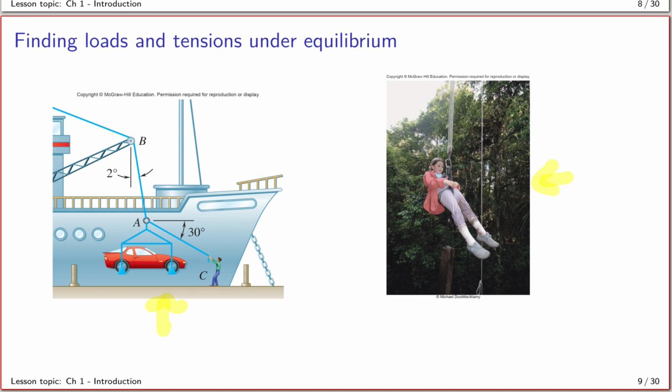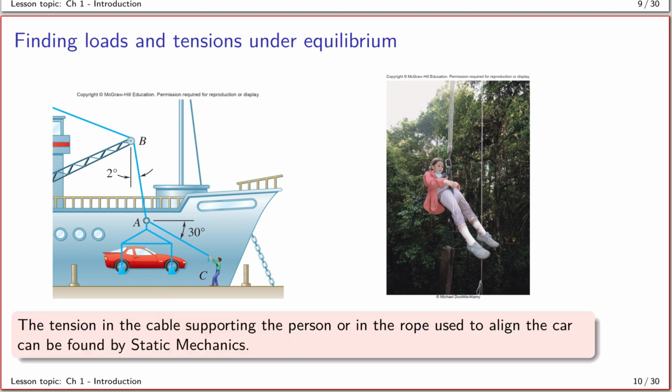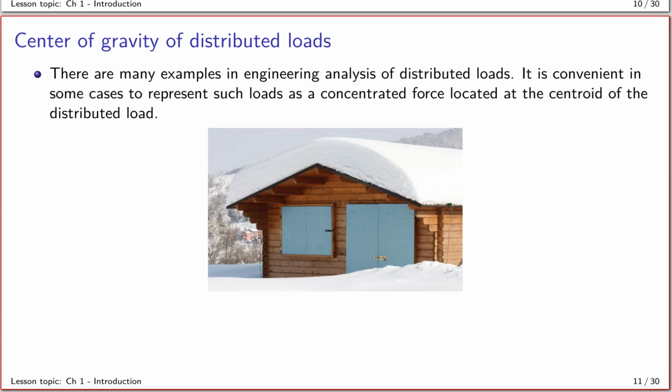What you see here is this little girl hanging off of a tree. And the question that we are going to be able to answer using static mechanics is, what is the tension in the cable supporting the person, like this kid, or in the rope that is being used to align the car. And this is the kind of problem that we will be able to find an answer to using our principles of static mechanics.